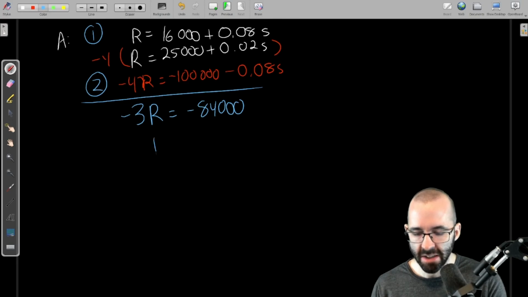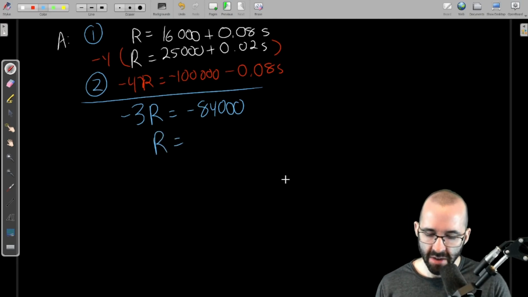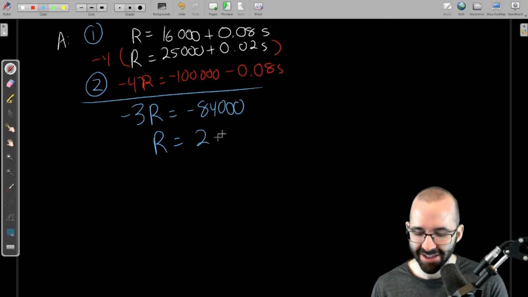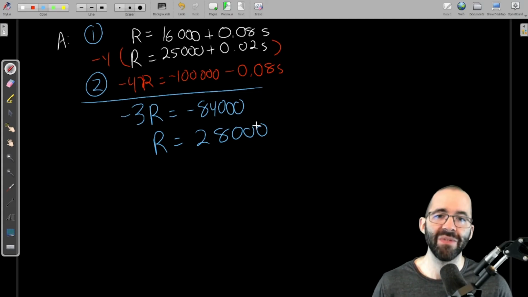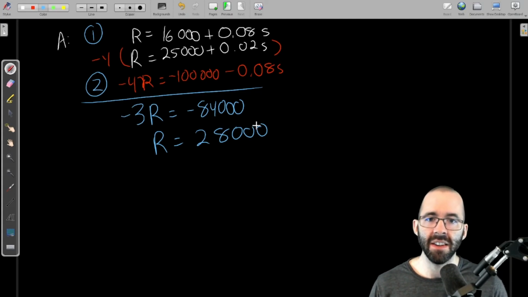Now just divide both sides by -3. And R is going to be 28,000? Is that right? I think so. Although this is not very helpful because it wants to know how much we have to do in sales.